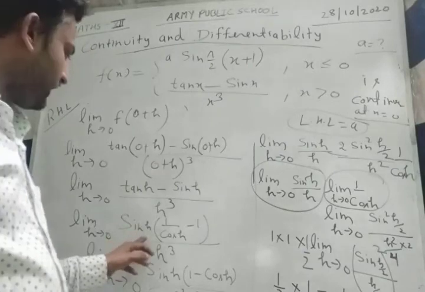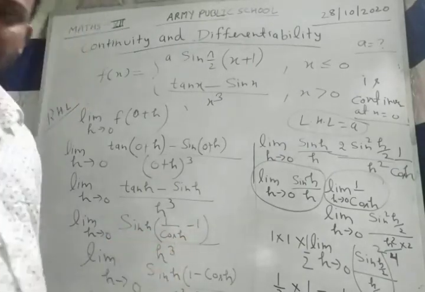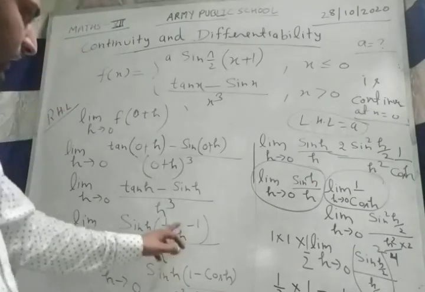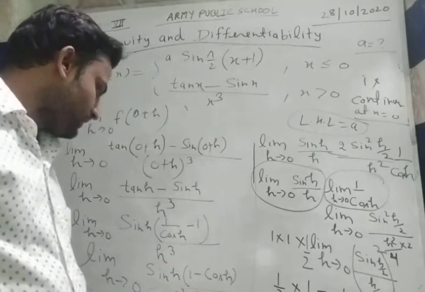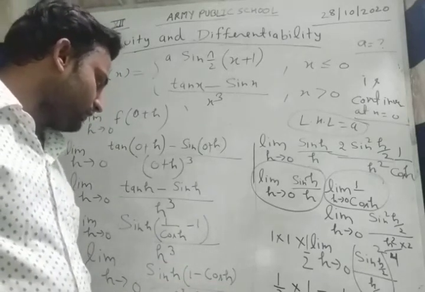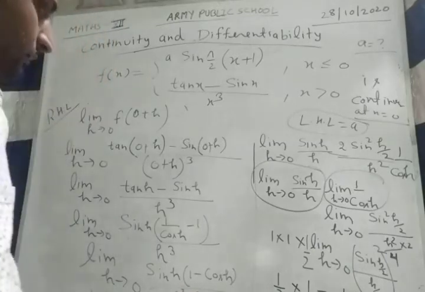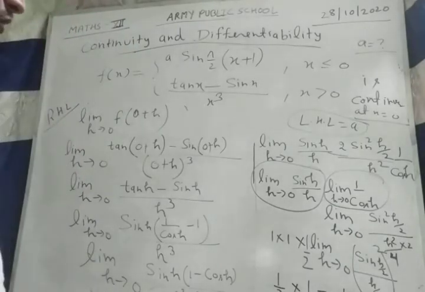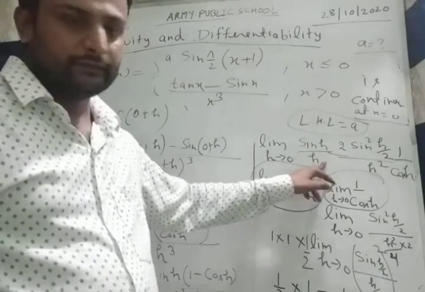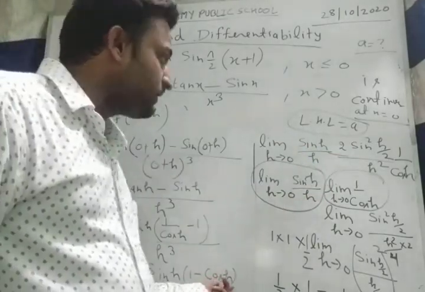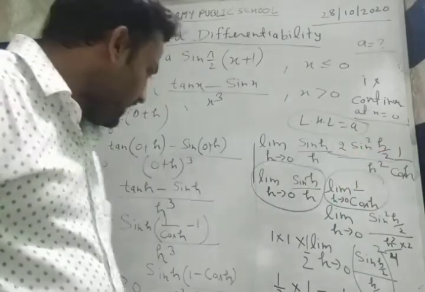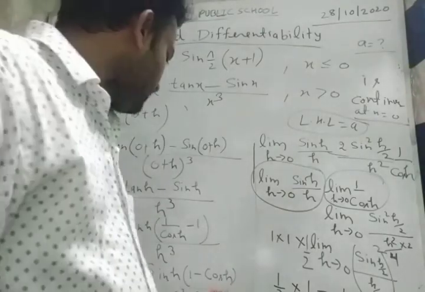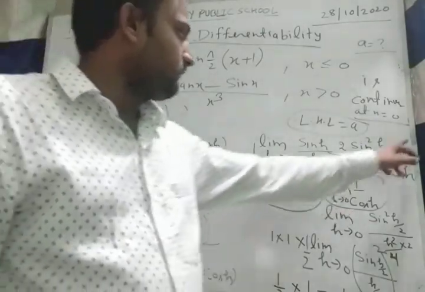Limit h tends to 0, sin h into 1 by cos h minus 1 divided by h cube. Taking LCM, we get 1 minus cos h divided by h cube, and this is cos h. Now we write h cube as h into h square. So we write sin h by h, and 1 minus cos h as 2 sin square h by 2, with h square in the denominator, and we have written 1 by cos h here.